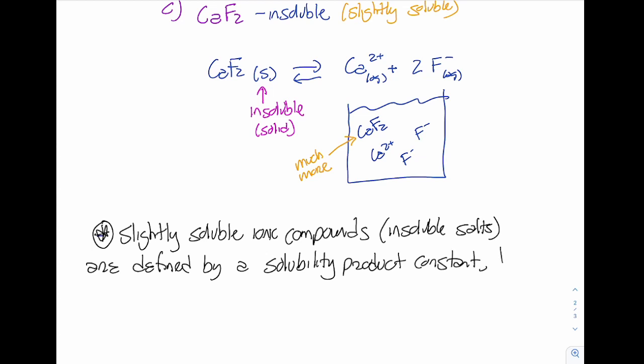So it is an equilibrium constant, capital K, and then SP for solubility product.